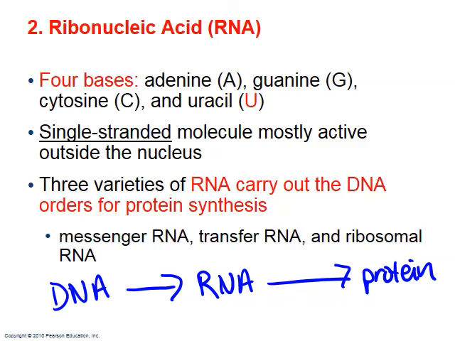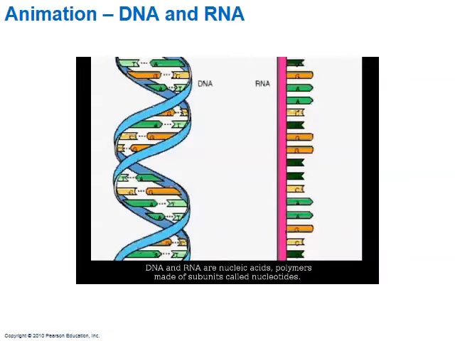The DNA stays trapped inside the nucleus, and we'll talk more about cell structure in chapter 3. But there are different types of RNA that are going to play different roles in the conversion of DNA information into a protein. DNA and RNA are nucleic acids, polymers made of subunits called nucleotides.